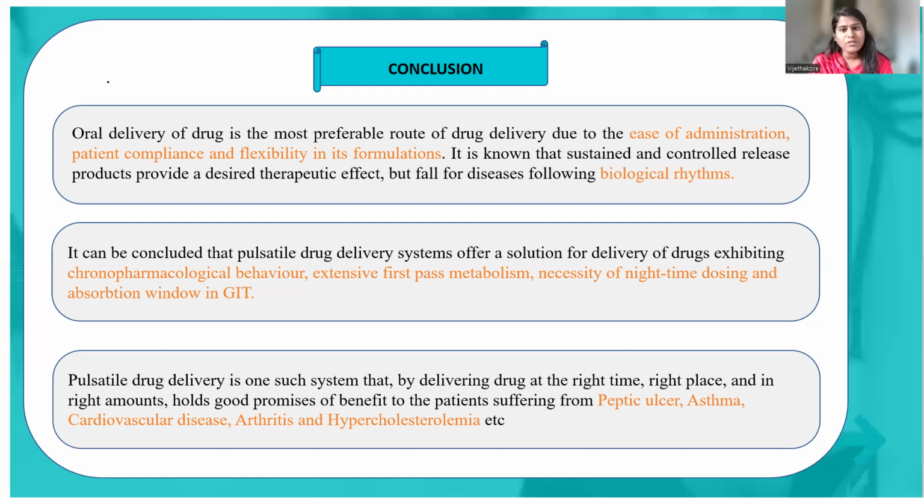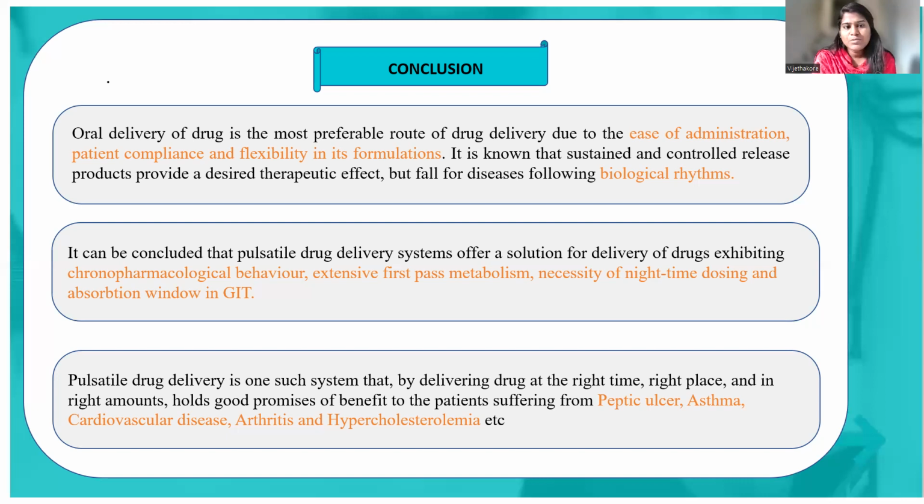And here, it offers a solution for delivery of drugs exhibiting chronopharmacological behavior, and drugs which undergo high first pass metabolism. And when there is a necessity of nighttime dosing, the person can't wake up in the middle of the night to take the medication. So for nighttime dosing, pulsatile drug delivery systems are the best.